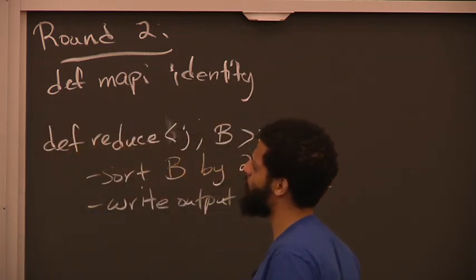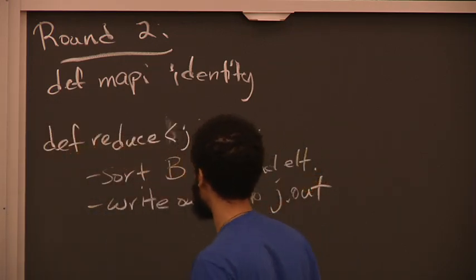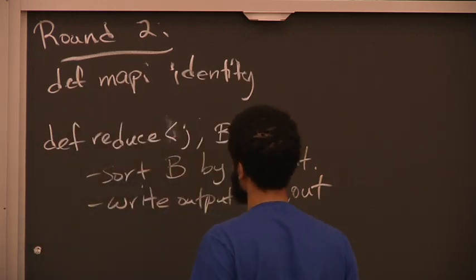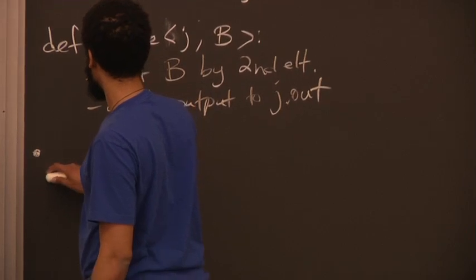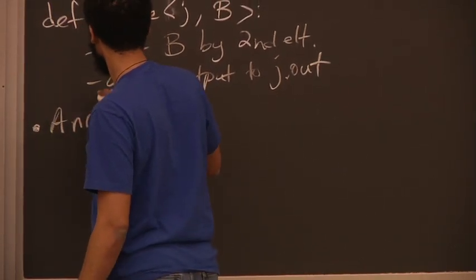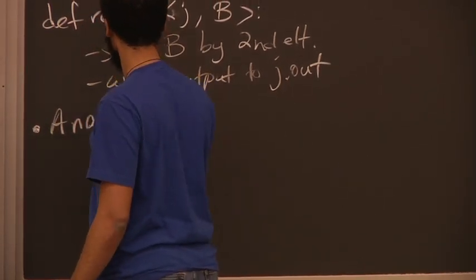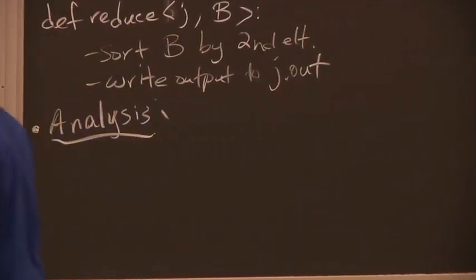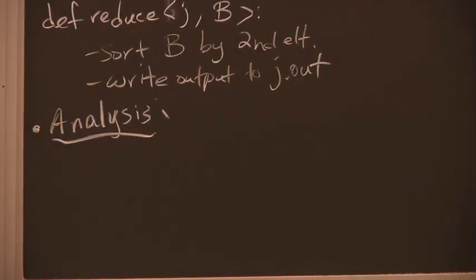Okay, so let's analyze this quickly. What's the total memory required per machine? Let's say analysis now. First of all, I have to choose epsilon. I haven't told you what epsilon is. So how am I going to do that? There's one thing I want to balance.